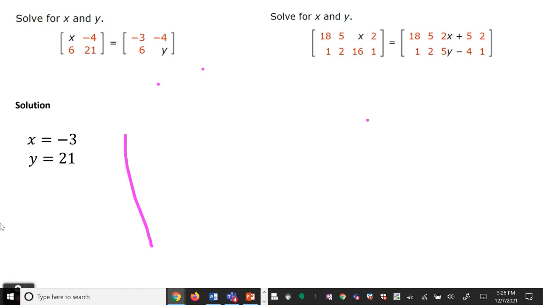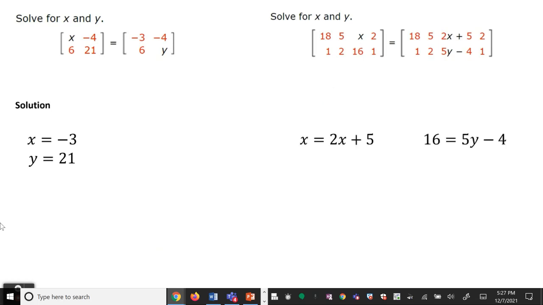So if we look at the next one, we have 18 and 18, 5 and 5, and then we have x and 2x plus 5. So in order to solve that, we can set the x equal to the 2x plus 5, and then we can solve for x.